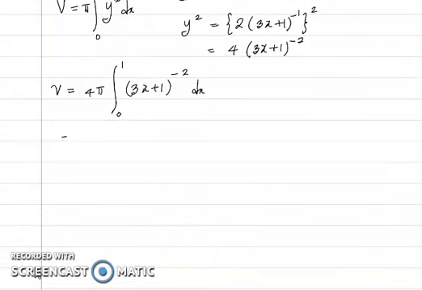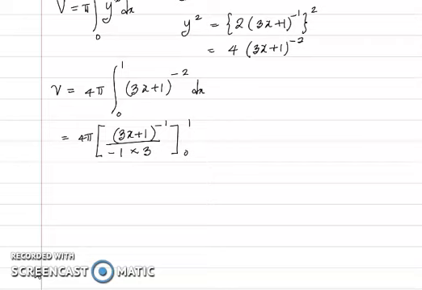Now, this is 4 pi, so let's integrate. This is a linear factor. We're going to have 3x plus 1. We're going to increase the power by 1, so it's going to become minus 1. We're going to then divide by the new power, which is minus 1, and also divide by the differential of the inside function. And the limits are 0 to 1.